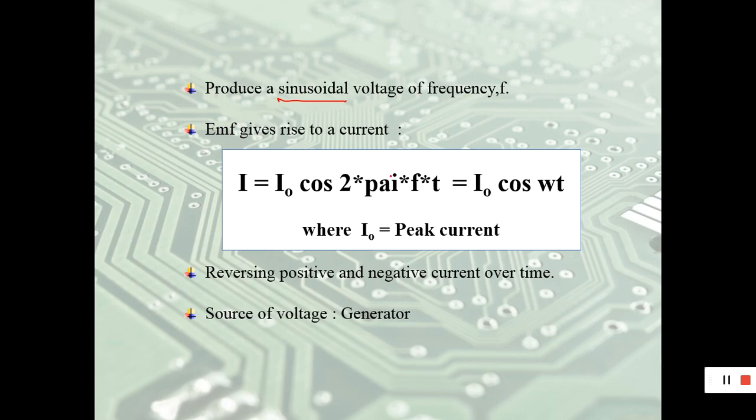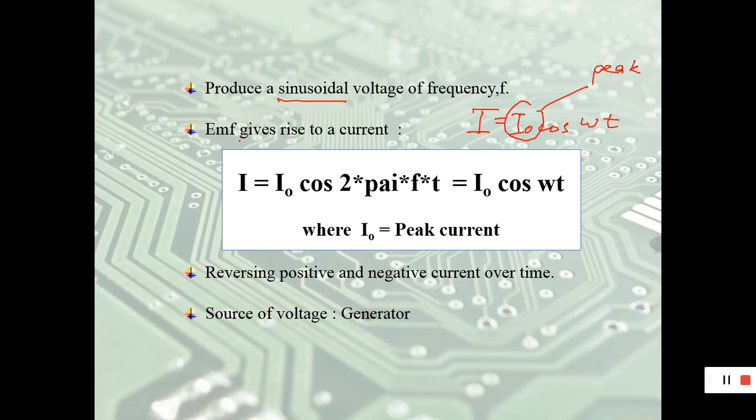This is the formula for current for AC, where I equals I naught cos omega t, and this I naught is the peak, the maximum current or the peak current. So they will reverse positive and negative current over time.